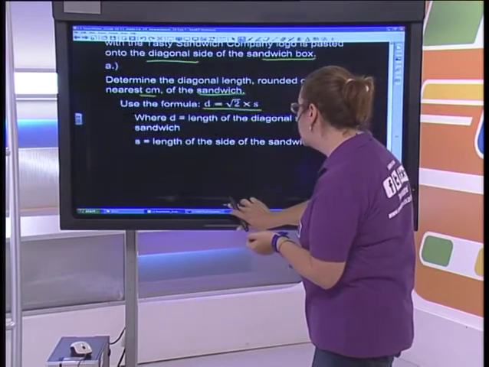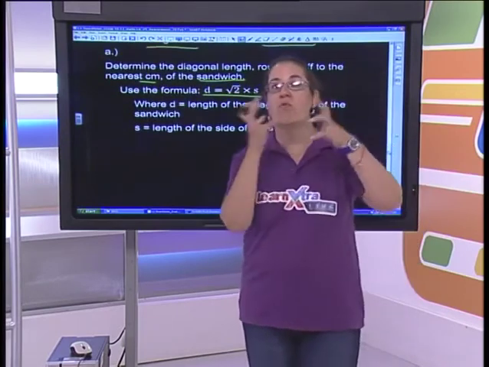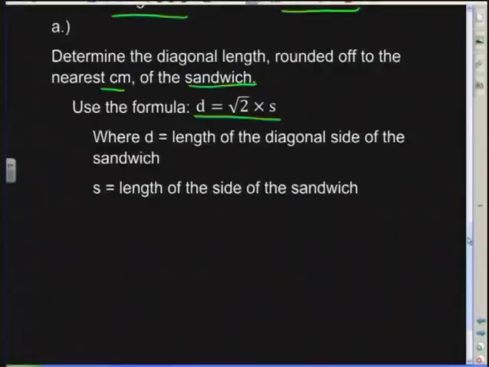So we're going to use this formula, and then I'm actually going to show you how they derived the formula. So my diagonal is what I'm looking for. I want root 2 times the side, which was 110 centimeters. So it's as simple as that.